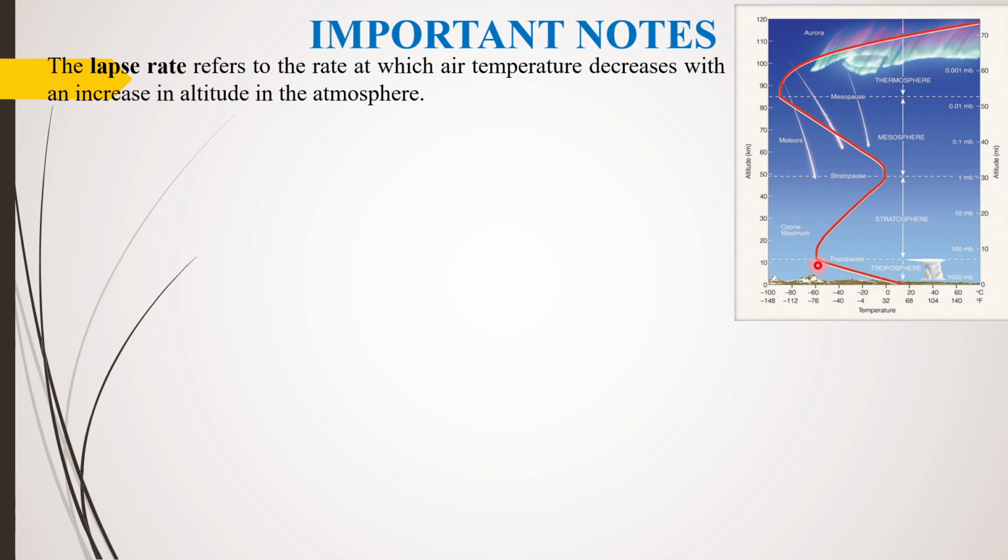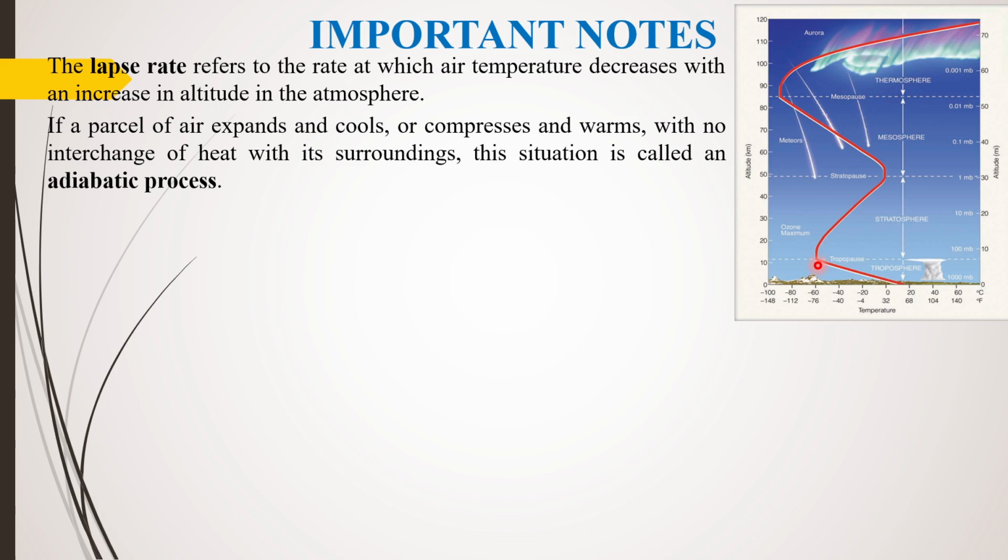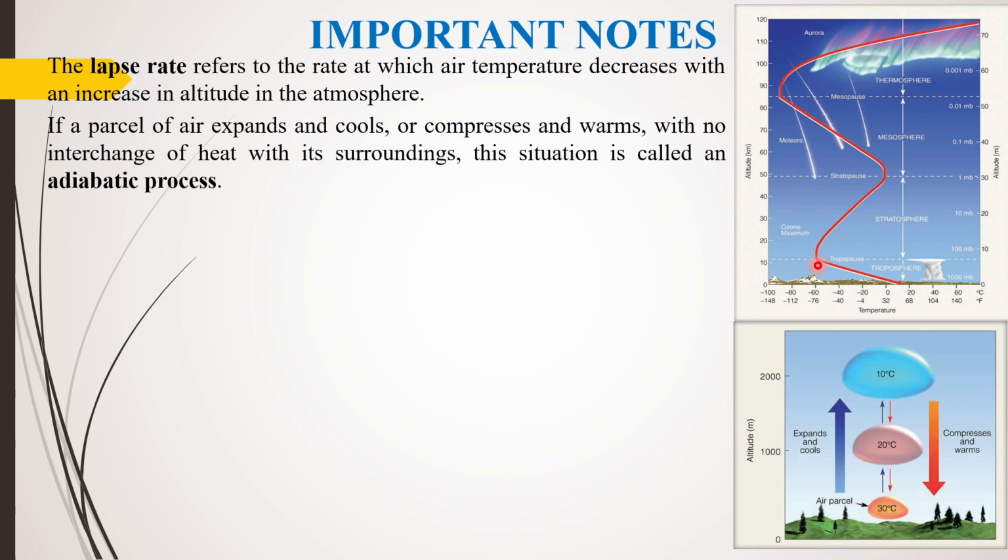The rate at which air temperature decreases with an increase in altitude, particularly in the troposphere, is called the lapse rate. If a parcel of air expands and cools or compresses and warms with no interchange of heat with its surroundings, this is called an adiabatic process.